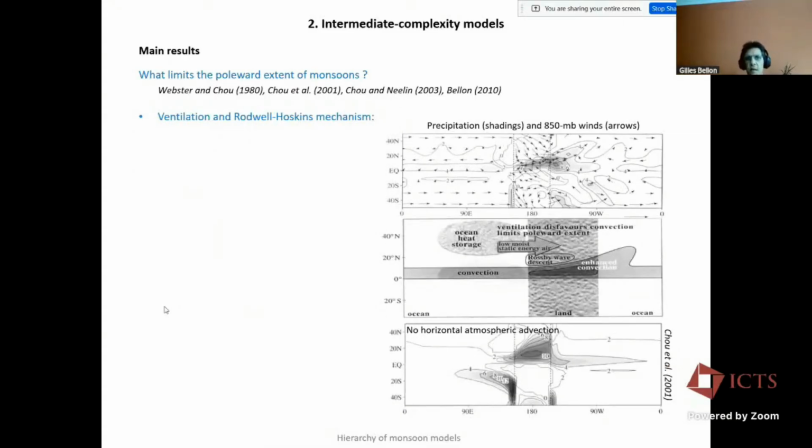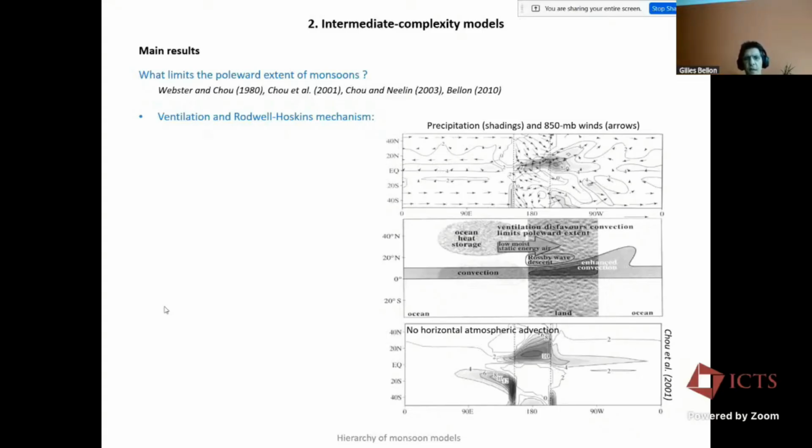But in the same study, Xu et al. actually showed that there were other factors, and one of the big ones was something that doesn't apply too much to the Asian monsoon, but definitely applies to the others, including the American monsoon, but also the Australasian and the West African monsoons.